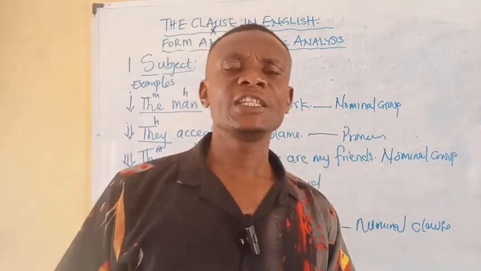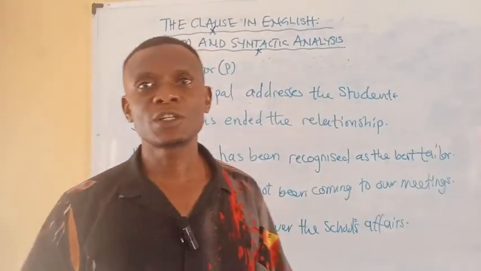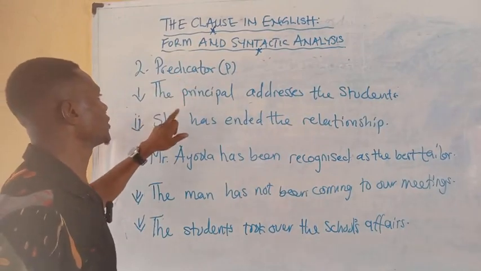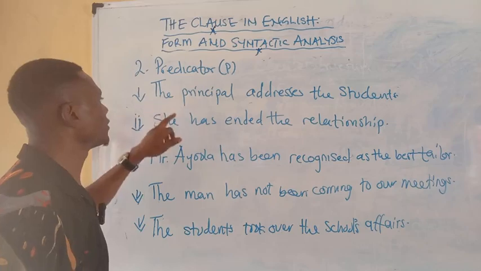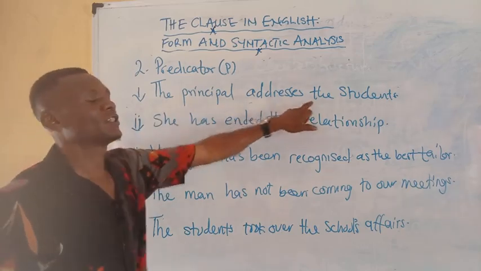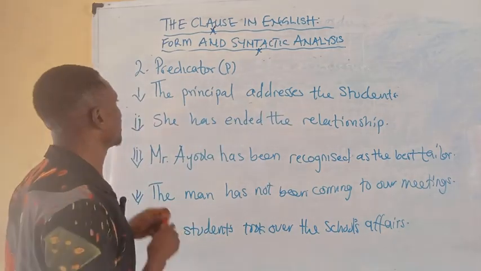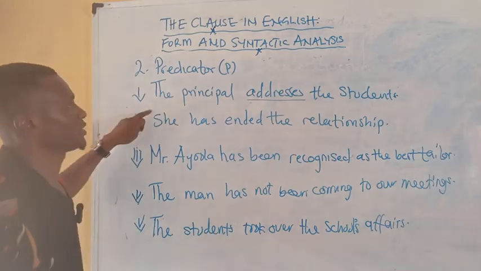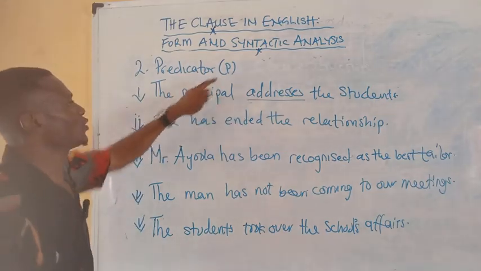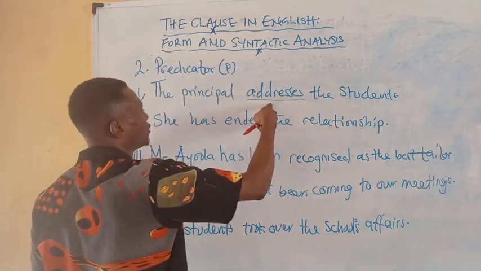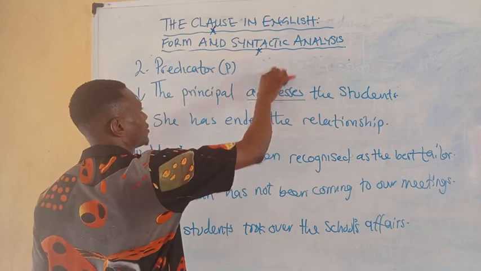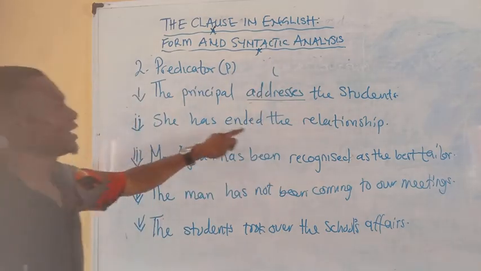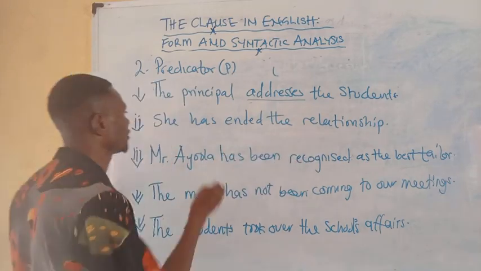The next one is the predicator. Examples under the predicator: sentence number one, the principal addresses the students. Addresses is the predicator in the sentence, and the verbal group here is just a lexical verb, the head. Next, she has handed the relationship.